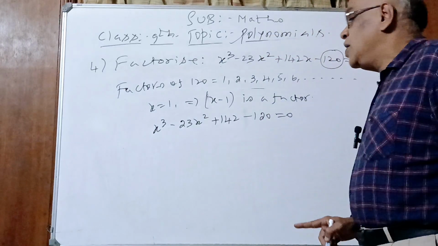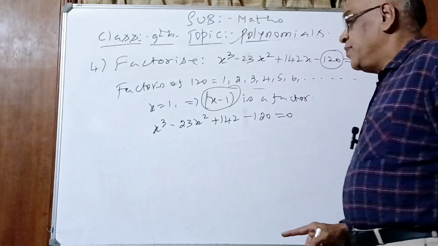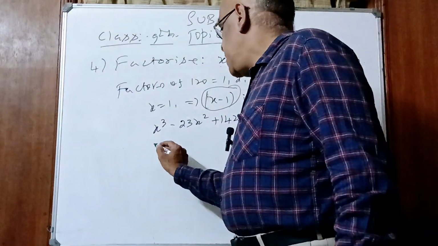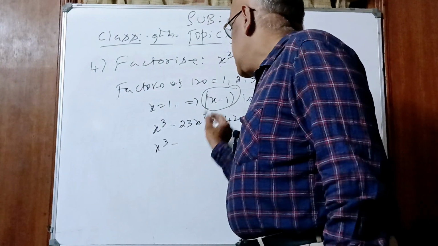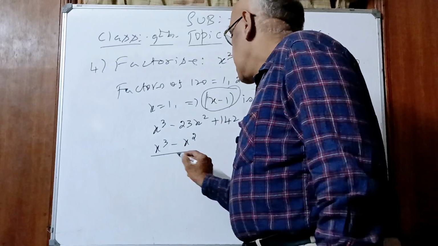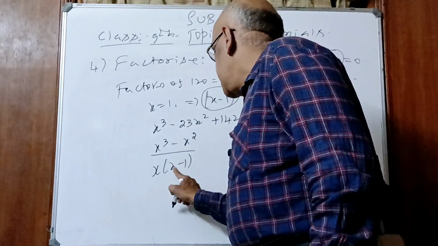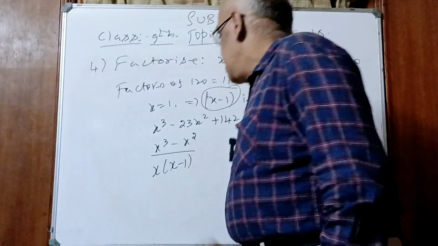No need to write the polynomial here. What should you do, children, now? You have to take x minus 1 common in each pair. For x cube, there is no pair, so you take x square. Now come here, take x common. What will remain, children? X minus 1. Yes or no?